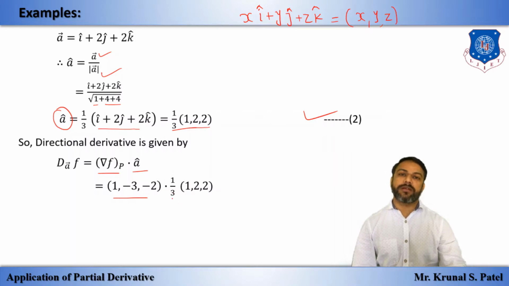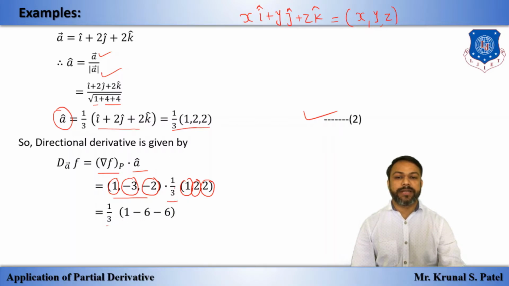And we know how to find the product of two vectors: multiplication of first into first, plus multiplication of second into second, plus multiplication of third into third coordinate, and 1 by 3 as it is. So 1 by 3, and 1 into 1, 1, plus minus 3 into 2, that is minus 6, and plus minus 2 into 2, which is minus 4.